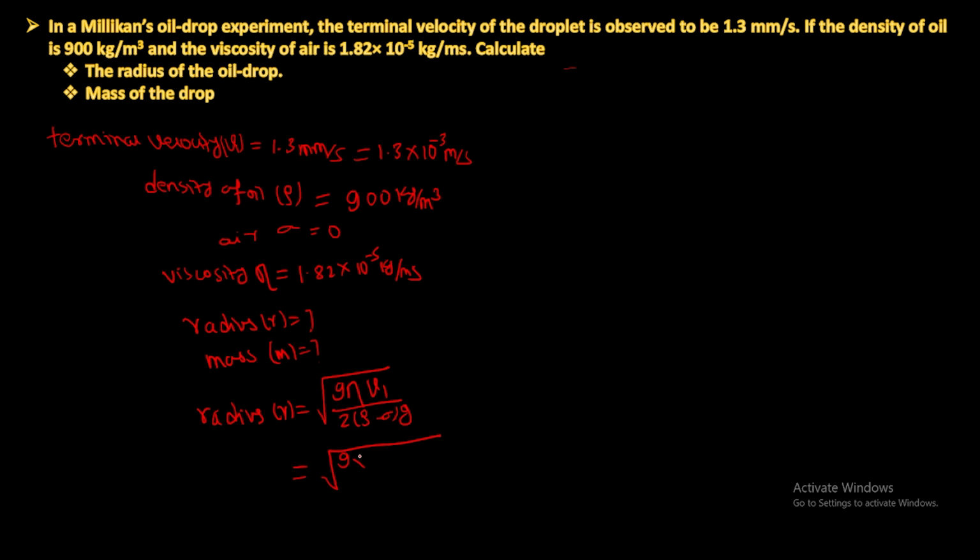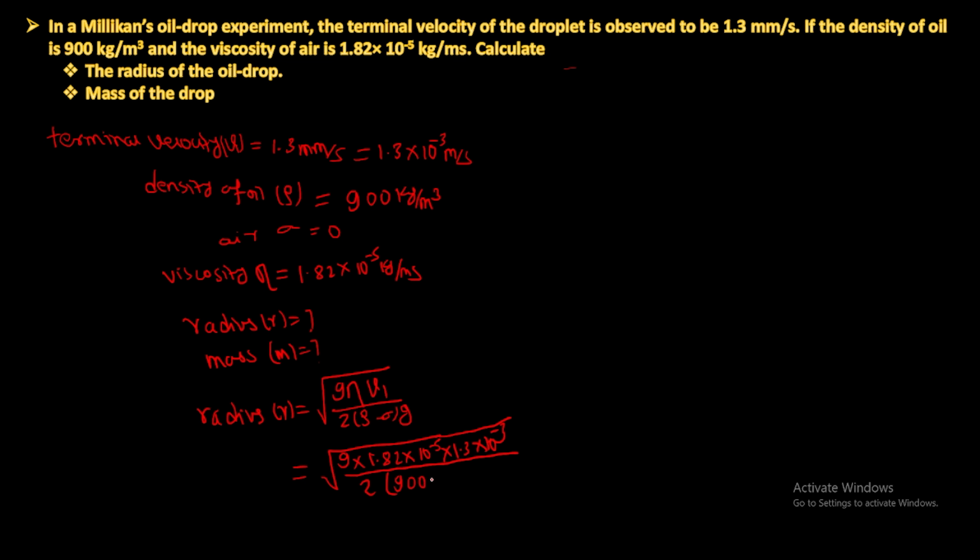9 times eta, which means 1.82 into 10 to the power minus 5, into the terminal velocity 1.3 into 10 to the power minus 3, under root 2 bracket rho, which means 900.